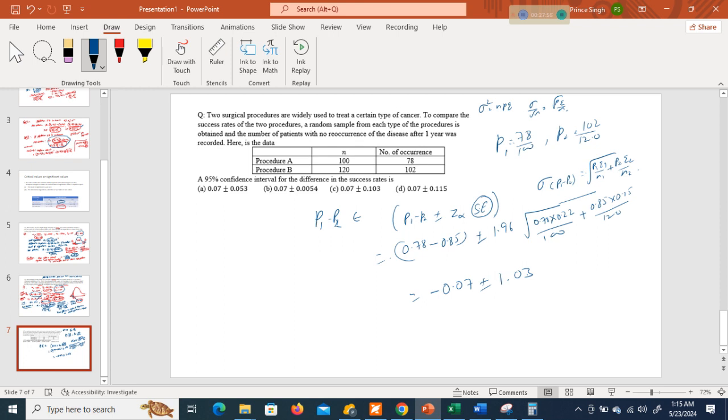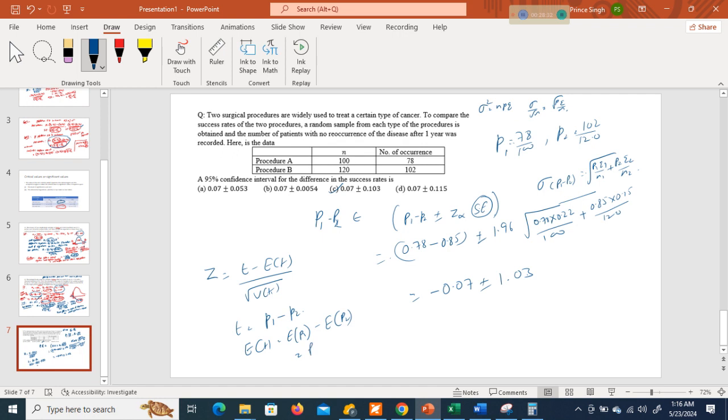Okay, so basically the correct answer comes out to be this one, because the difference is given as positive, so they have considered this as the first one, this as the second one. Okay, so basically the formula for test statistic is the same: t minus expectation of t upon square root of variance of t. So in this case your estimated t is the proportion p1 minus p2, and expectation of t is expectation of p1 minus expectation of p2.